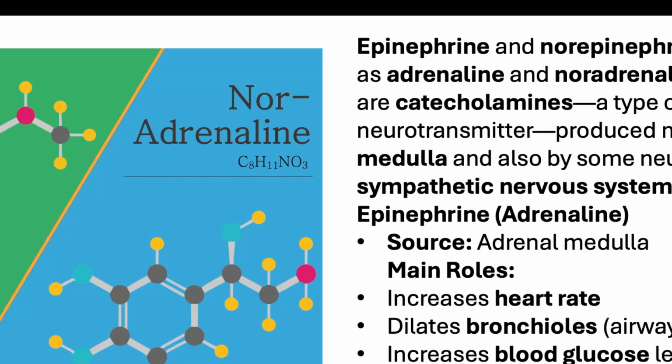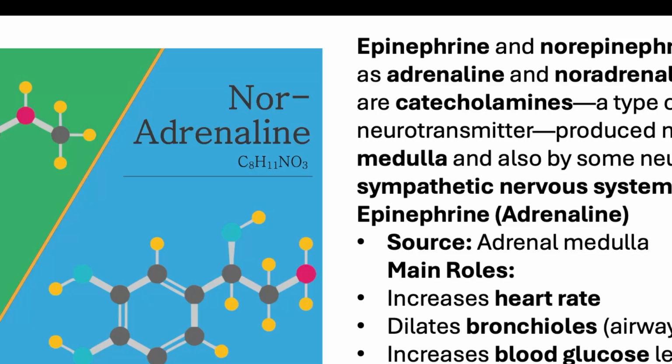Norepinephrine or noradrenaline, the source is the same, adrenal medulla and sympathetic nerve endings. It increases blood pressure by constricting the blood vessels, slightly increases heart rate, and helps maintain vigilance and attention. It is also part of the fight or flight hormones, but more focused on vasoconstriction.